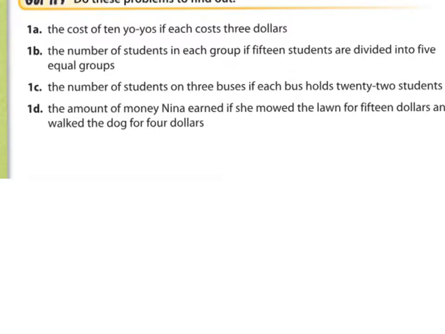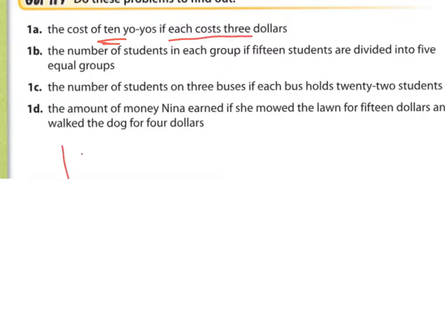Okay, 1A. The cost of 10 yo-yos if each costs $3. Sorry, $3. So again, I'll outline the 10 yo-yos and each costs $3. And we want to know the total cost, correct?